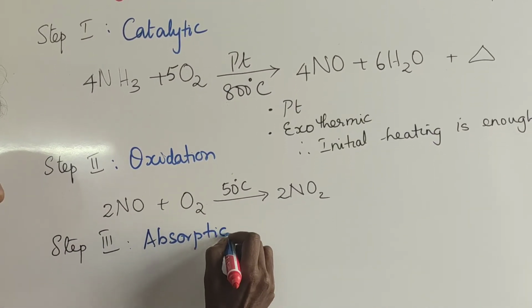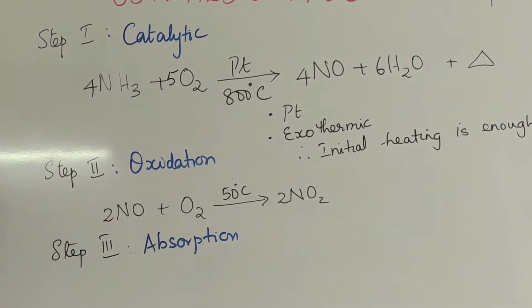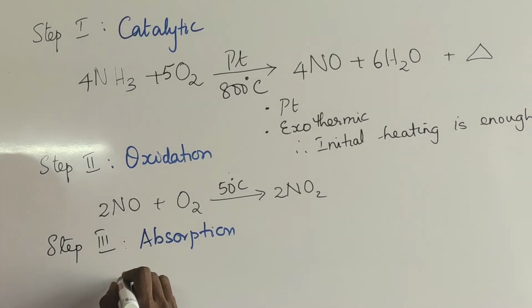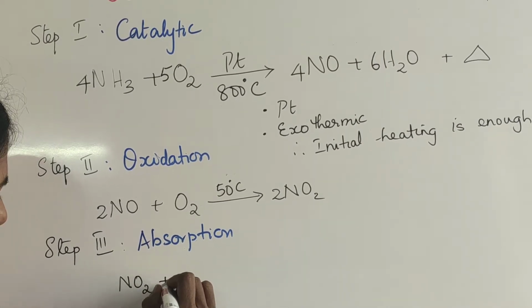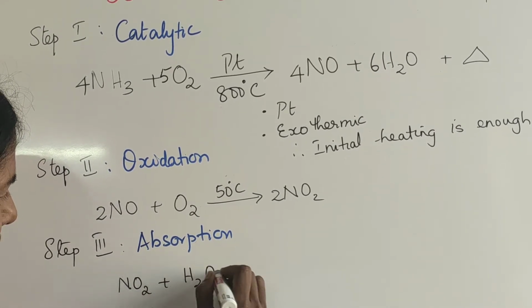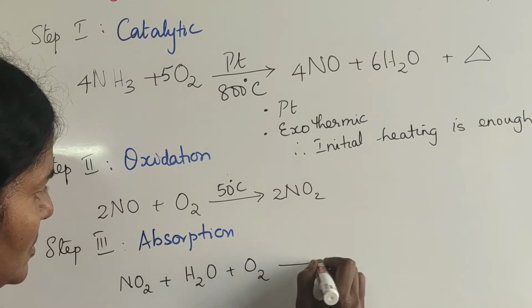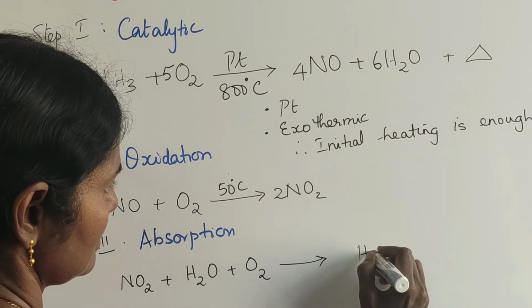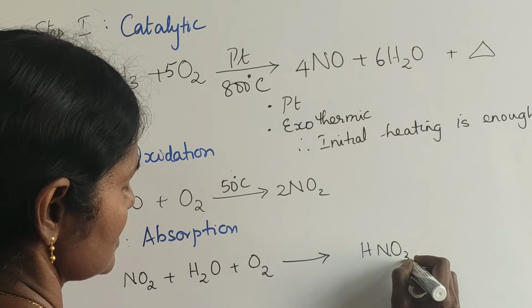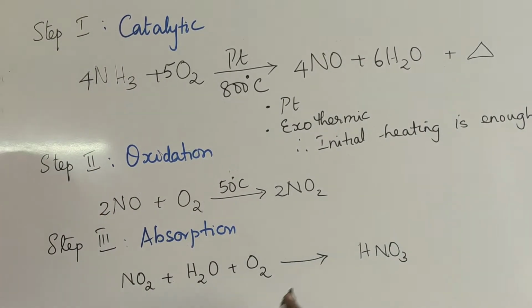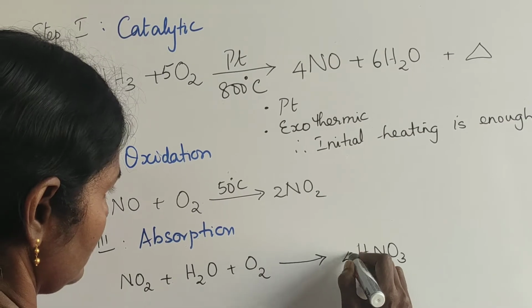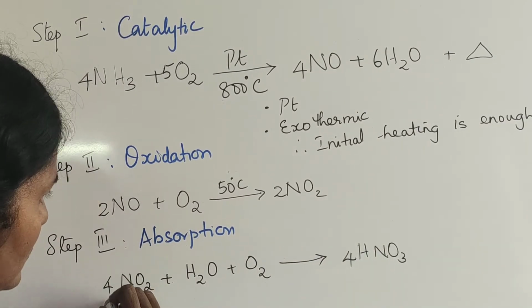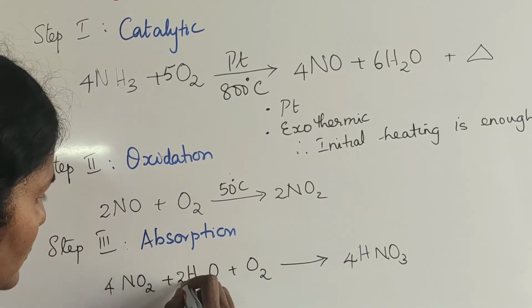This nitrogen dioxide is absorbed in water in the presence of oxygen to give you nitric acid. This is at room temperature. So 4 here, and because this is 4, yes.